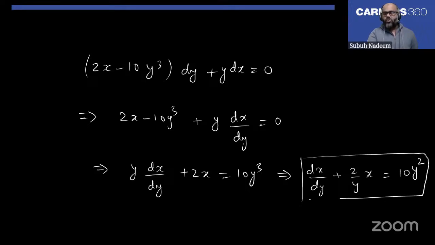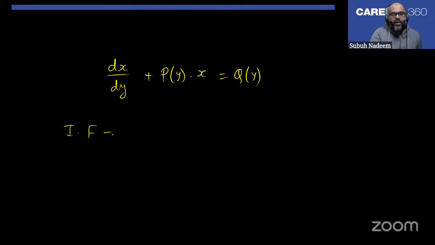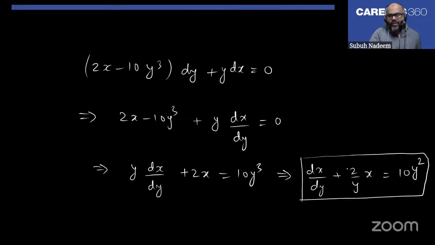This is also a linear differential equation. If we observe, this is dx by dy plus P(y) x is equal to Q(y). So here the integrating factor will be e to the power integral of P(y) dy. What is P(y)? This 2 by y is P(y).